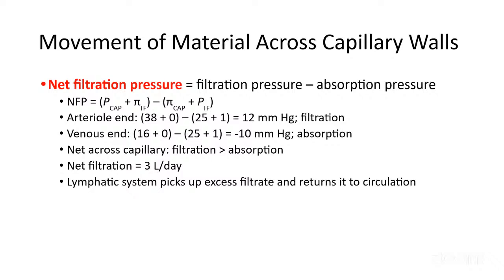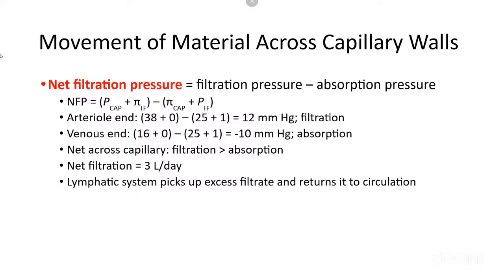Add the filtration pressures together. That's going to be our first number. And we're going to add together our forces for absorption and subtract them away, giving us a total, right? So net is basically total pressure for filtration. We're going to see that at the arterial end, like we just calculated, we have a 12 millimeters of mercury force for filtration.